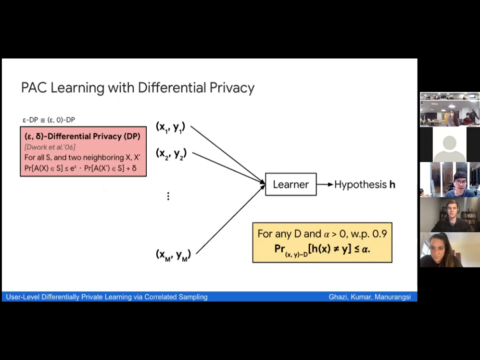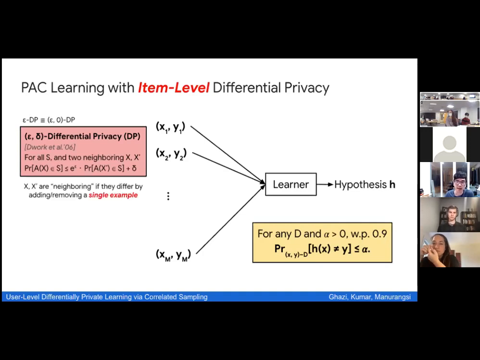Now, of course, this doesn't completely specify differential privacy yet, because we haven't said what the neighboring datasets are. Specifically, in fact, I think all of the previous work in private PAC learning considers the neighboring datasets that I would call item-level neighbors. This means that x and x prime are neighboring if they differ on a single example. So you add or remove a single labeled example.